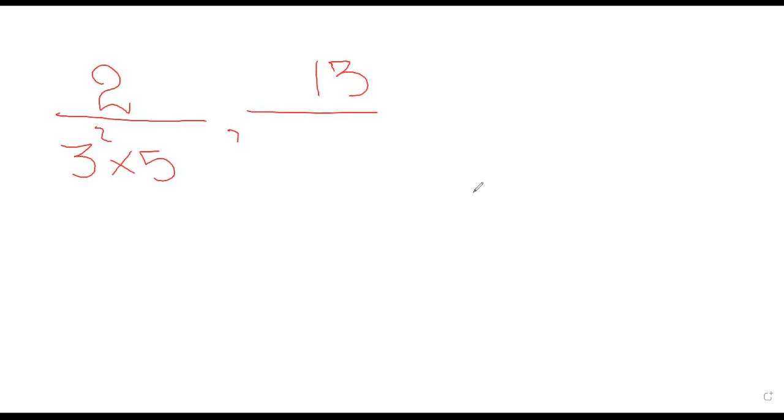So I'm just going to write the fractions. The first fraction is 2 divided by 3 square into 5, 3 square into 5. The second one is 13 divided by 5 square into 7 into 11.